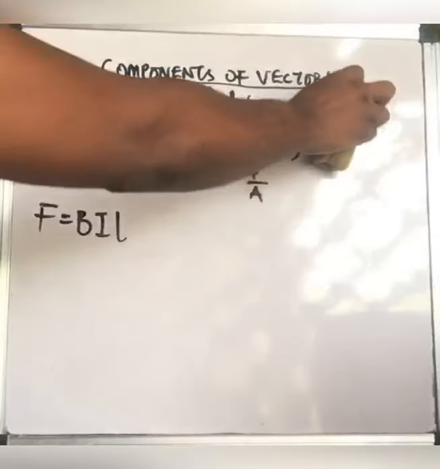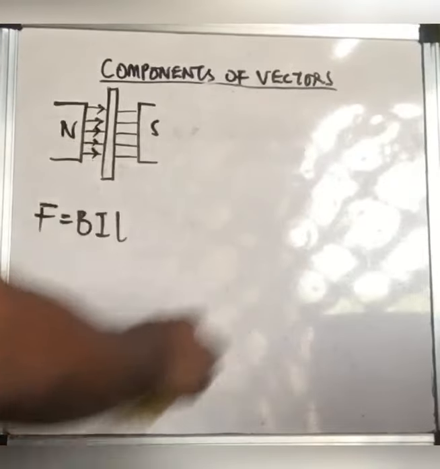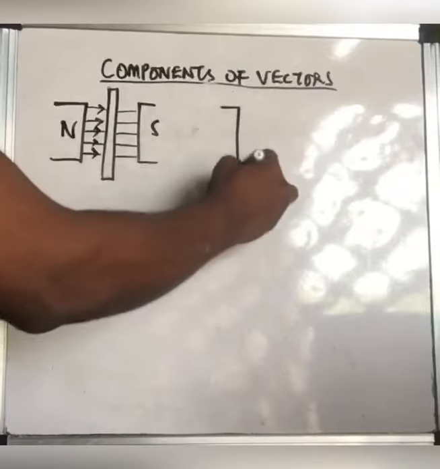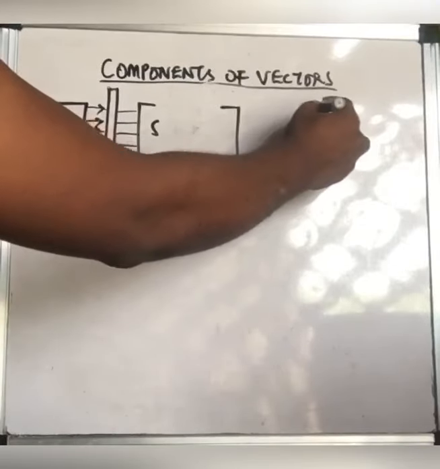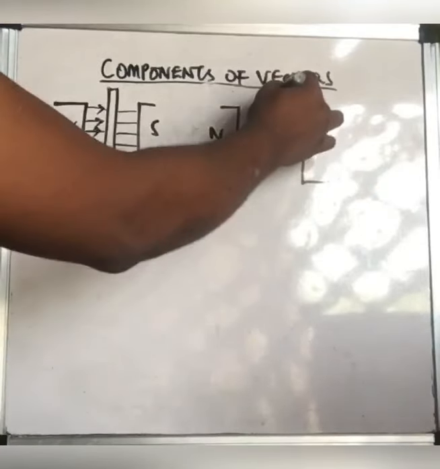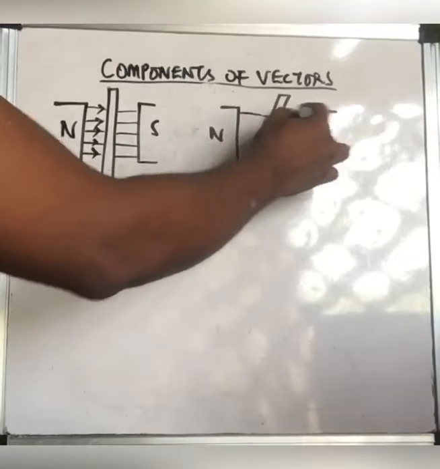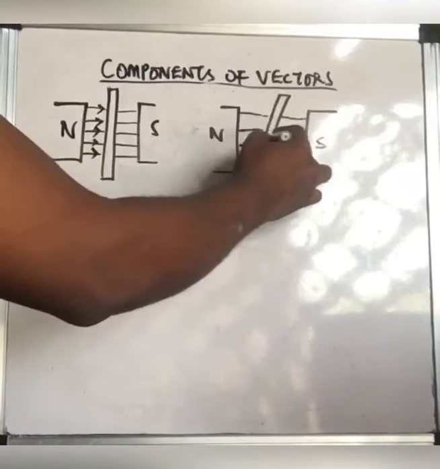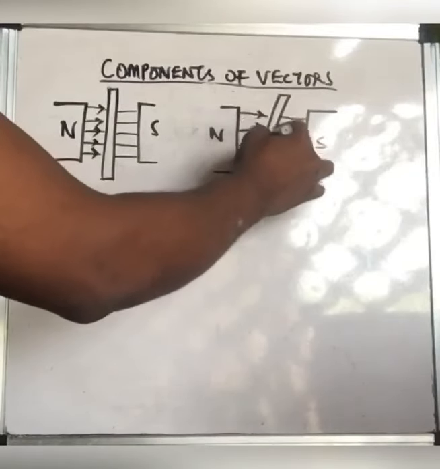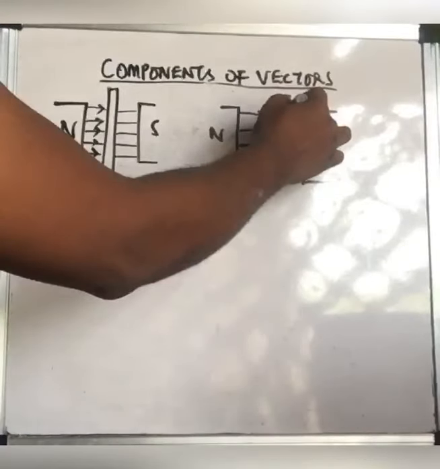as opposed to the situation where the conductor is inclined in the magnetic field. Let's say it's inclined at an angle theta.